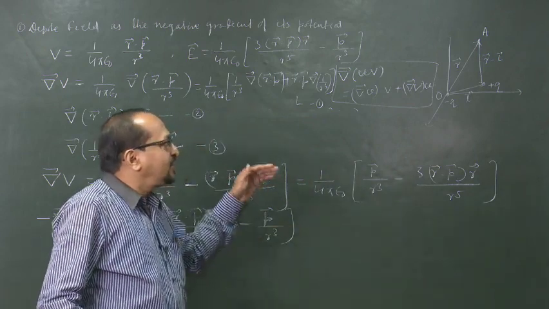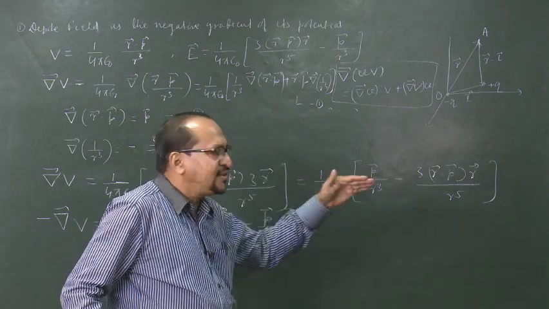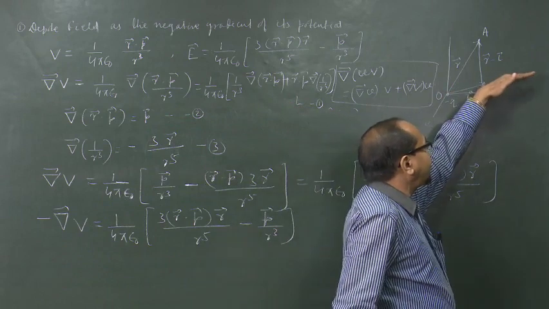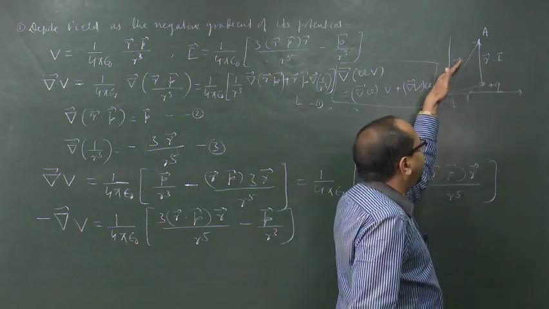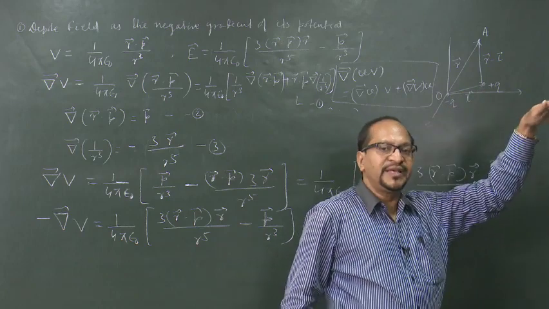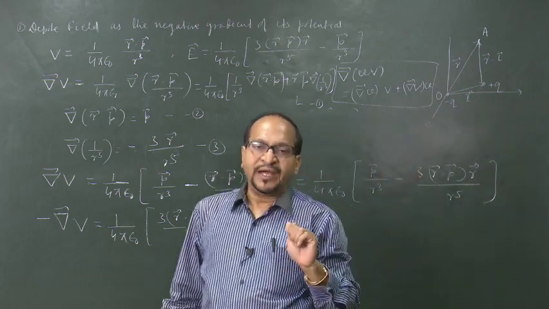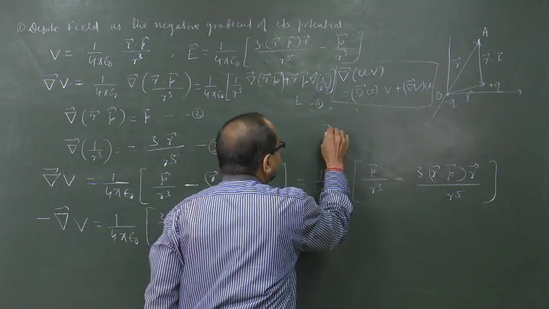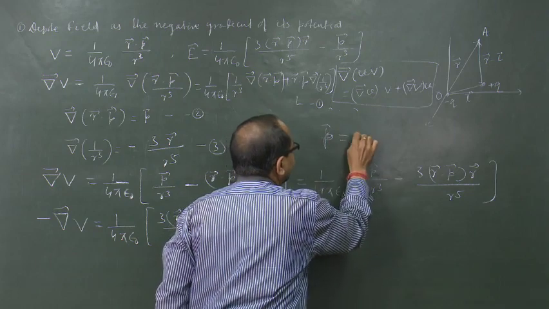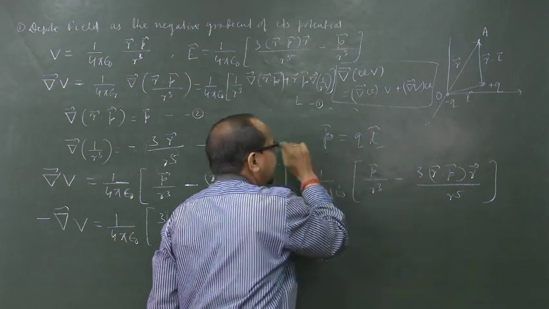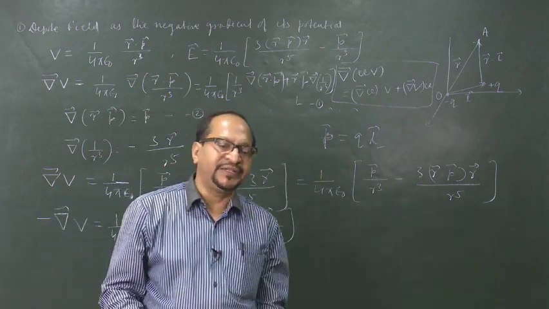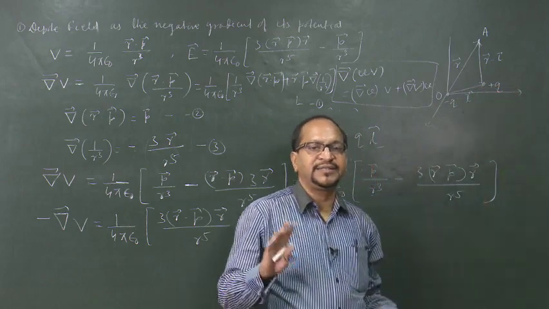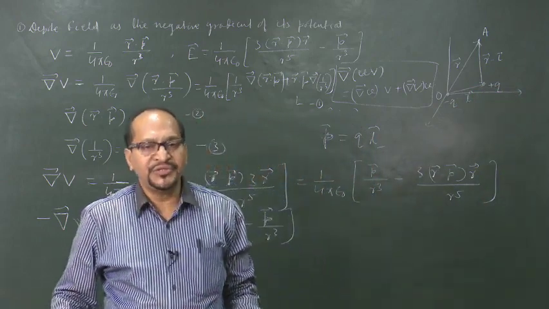If we want to find the field along the axis of the dipole, so this is the axis of the dipole, and along the axis our vector r and vector l are in the same direction, and the dipole moment direction is along the vector l, because dipole moment p is defined as q into l. So, the direction of l is the direction of p. So, the important point is along the axis our vector r and vector p are in the same direction, and the angle between them is 0 degree.